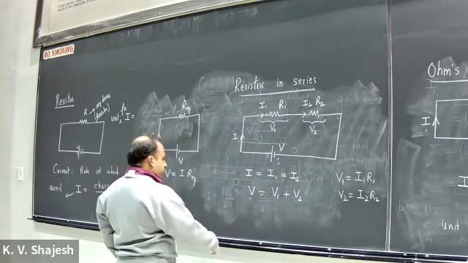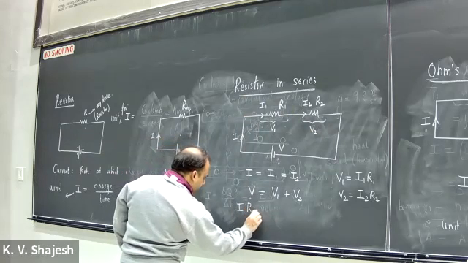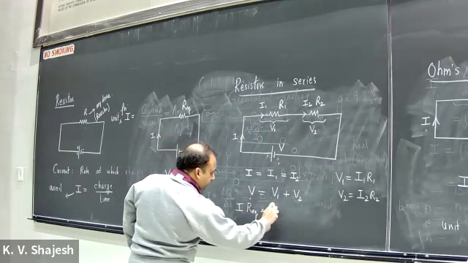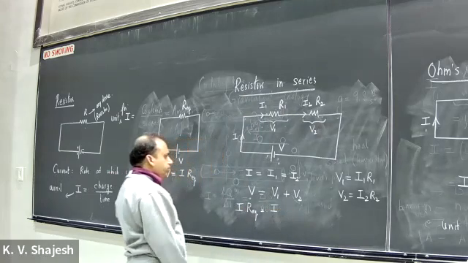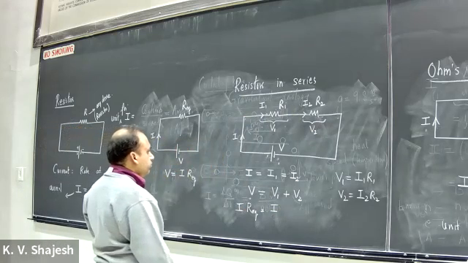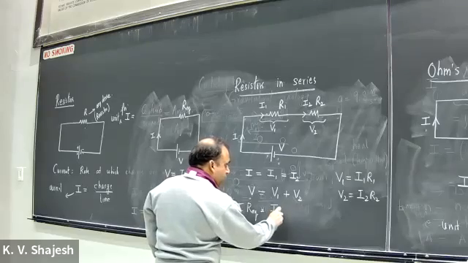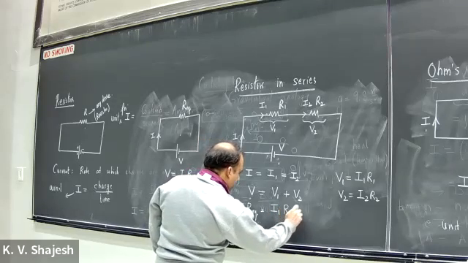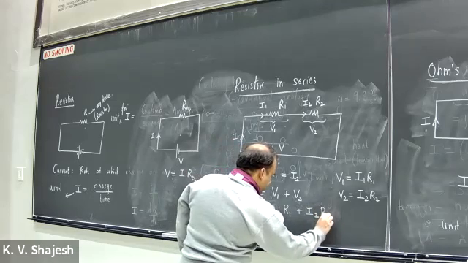And substitute this quantity here, so I times R equivalent is equal to V1, which is I1 times R1, plus V2, which is I2 times R2.